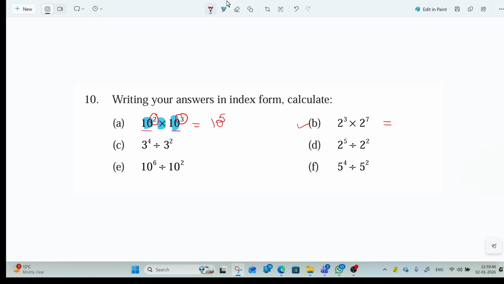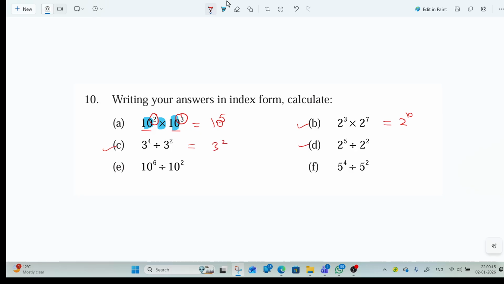2 to the power of 10. Very good. Try this. 3 to the power of 2.